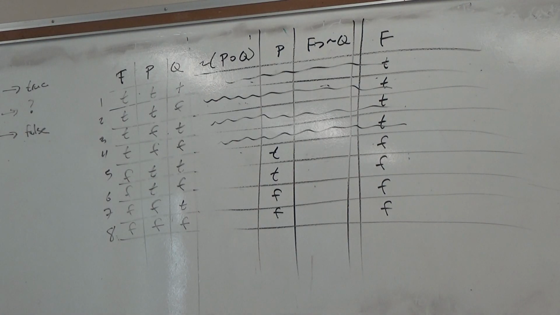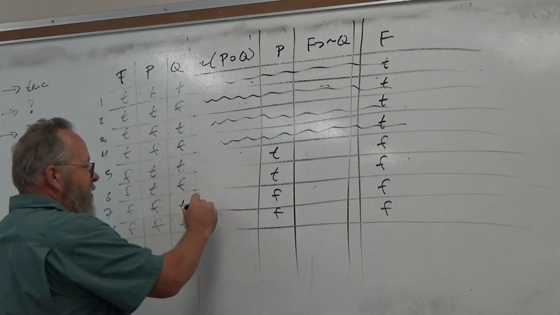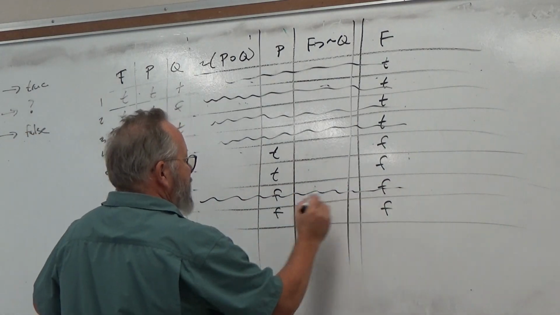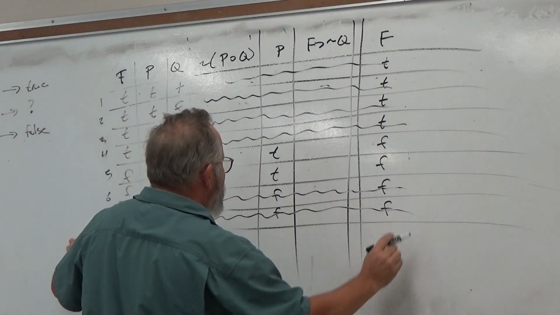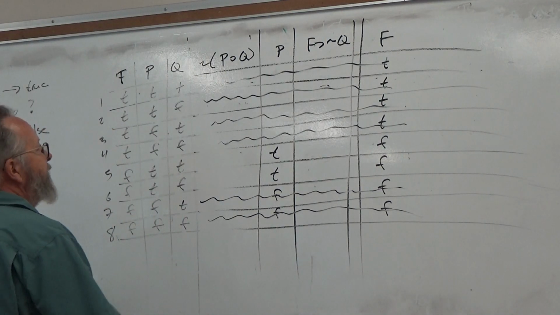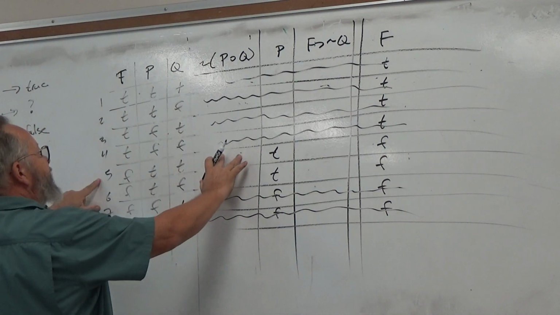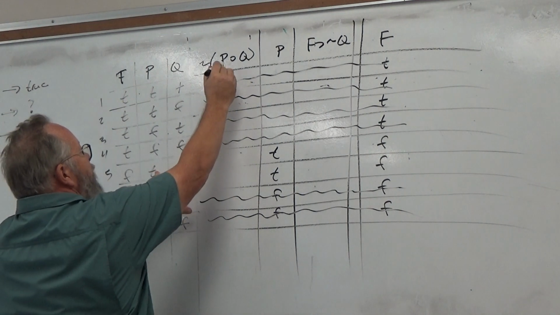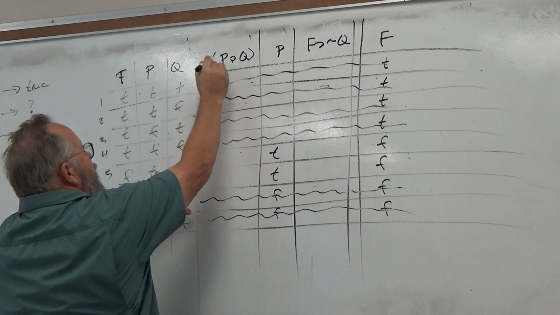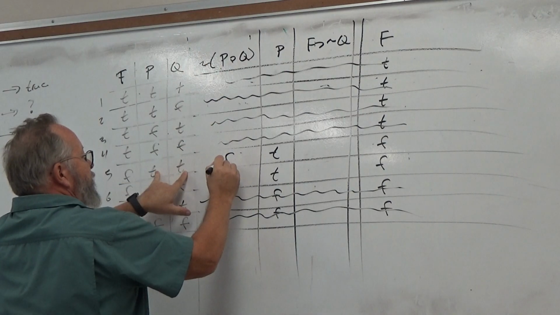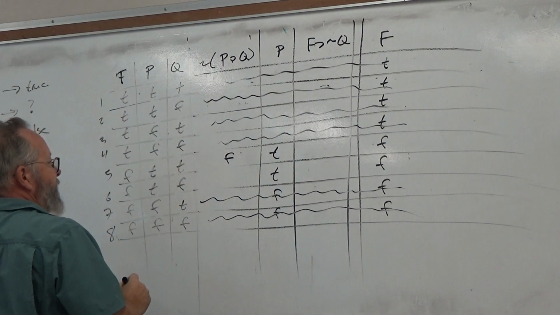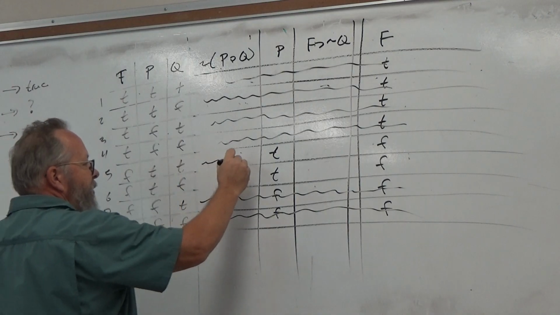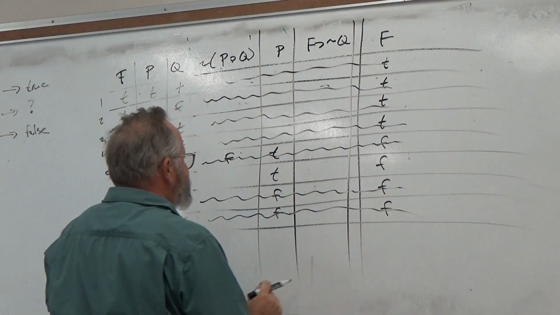Which lines are we going to eliminate? 7 and 8, because the premises are not true there, okay? So we only have 2 left for consideration, okay? So let's calculate line 5. P is true and Q is true. So true and true is true, but not makes it false. What did we just discover about line 5? We can eliminate it, okay?